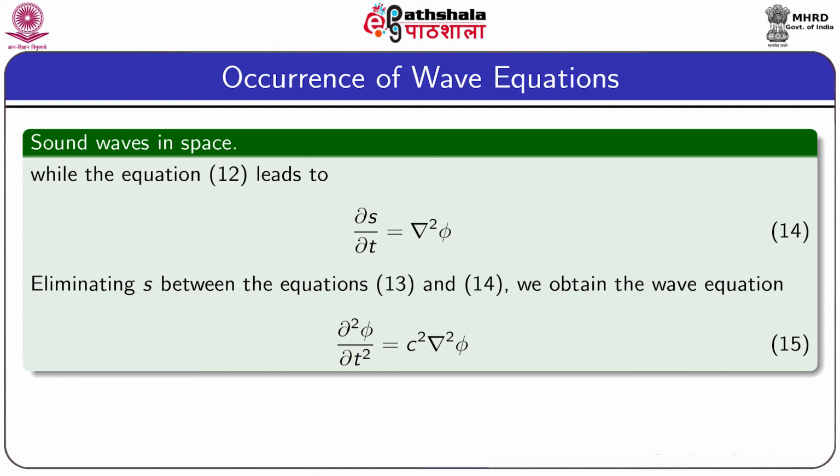Now, eliminating s between equations 13 and 14, we obtain the wave equation which is written in equation 15: ∂²phi/∂t² equals c² grad² phi. Thus, for sound waves in space, we again get the three-dimensional wave equation.